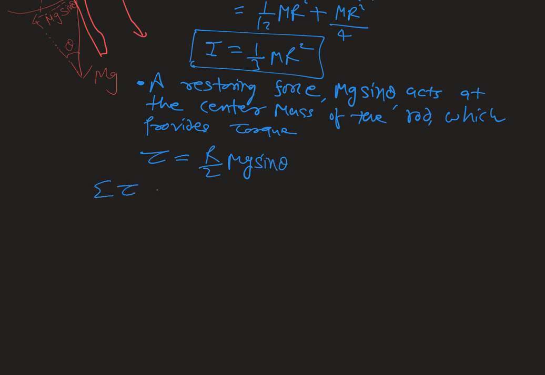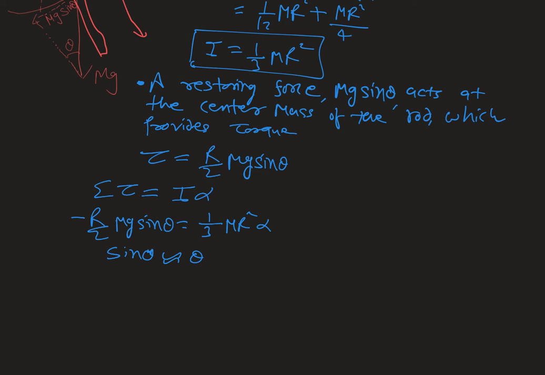Now, of course, there is only one torque because there is no hinge providing any sort of torque, no friction, no other thing. So torque tau equals I alpha, and with the negative sign, r/2 mg sine theta equals 1/3 of mr squared times alpha. Sine theta in the small angle approximation becomes theta, and m cancels out, some r cancels out.